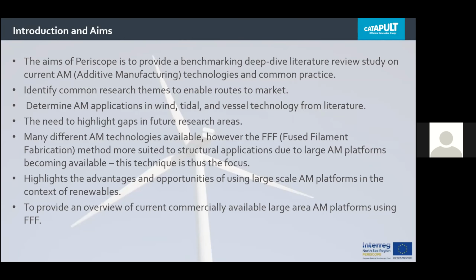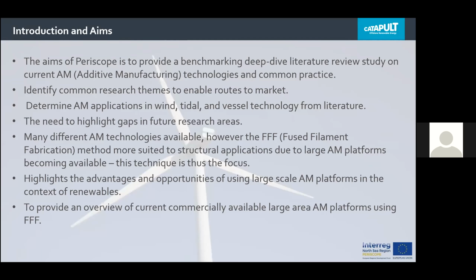So really it's just to get a lie of the land and to see what research directions should be pursued. There are many different additive manufacturing technologies available, but we focus more on FFF, fused filament fabrication, also known as FDM, which is possibly more suited to structural applications due to larger AM platforms coming to the fore.